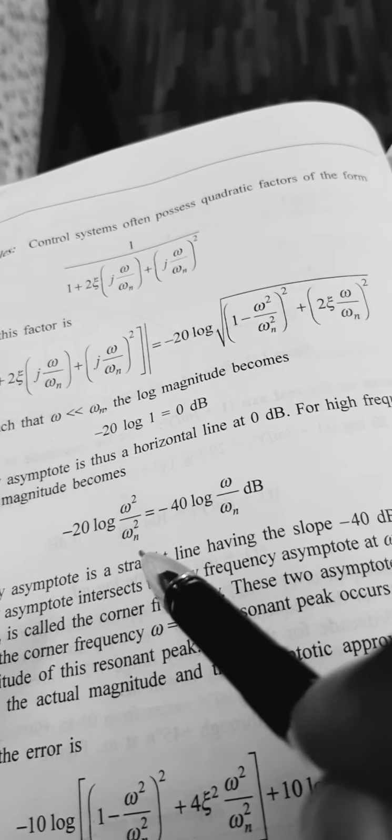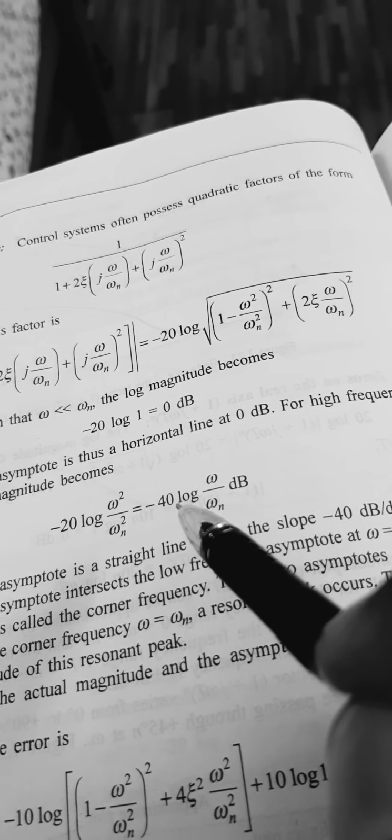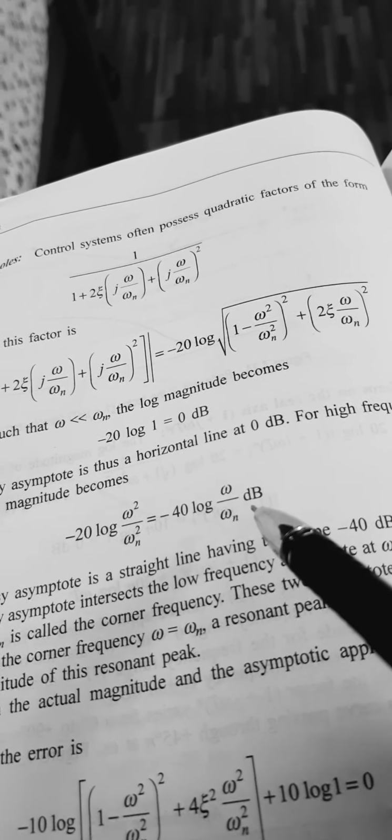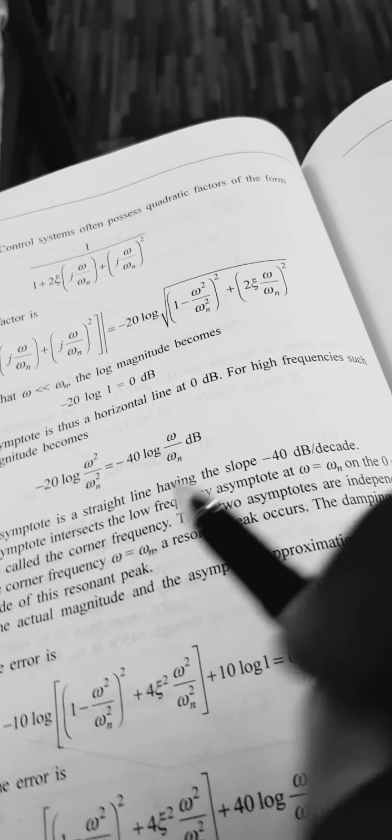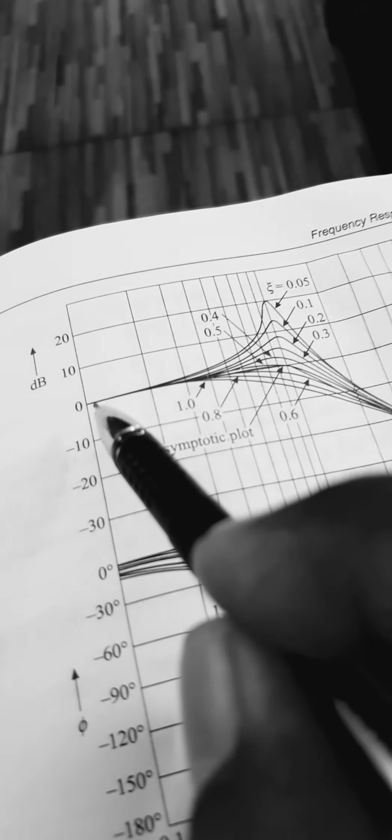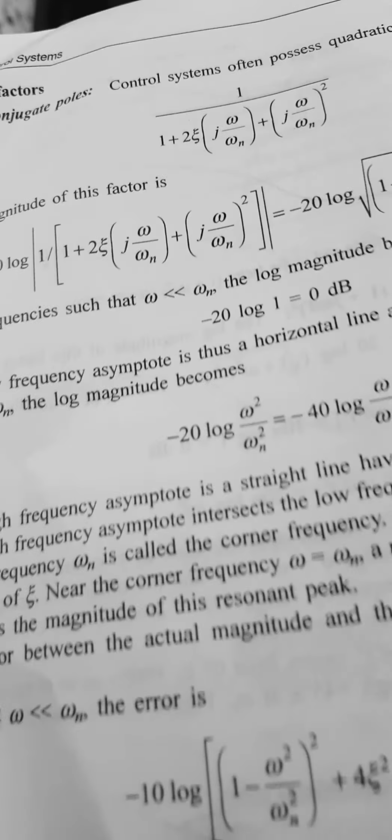This term is reduced to this, that is equal to minus 40 log omega by omega n in dB. So the high frequency asymptote is a straight line having a slope of minus 40 dB per decade, and till the corner frequency, for low frequency, it is 0 dB. So from this you got it.